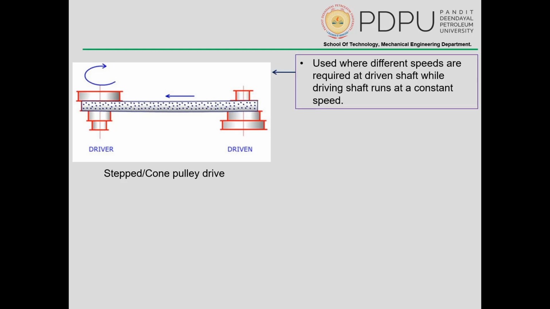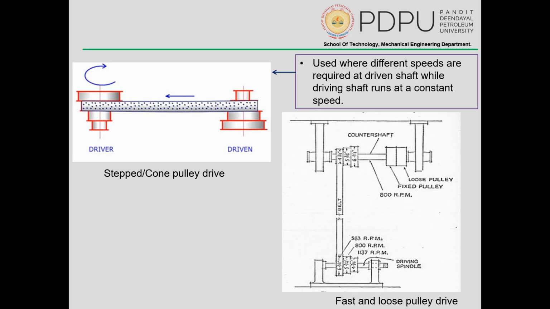Okay, so we have another version of it which is called the fast and loose pulley drive. Here also you can see the driving spindle will have a stepped cone pulley, and here also you will see the stepped cone. One of the key features here is that we have a fixed and loose pulley arrangement.